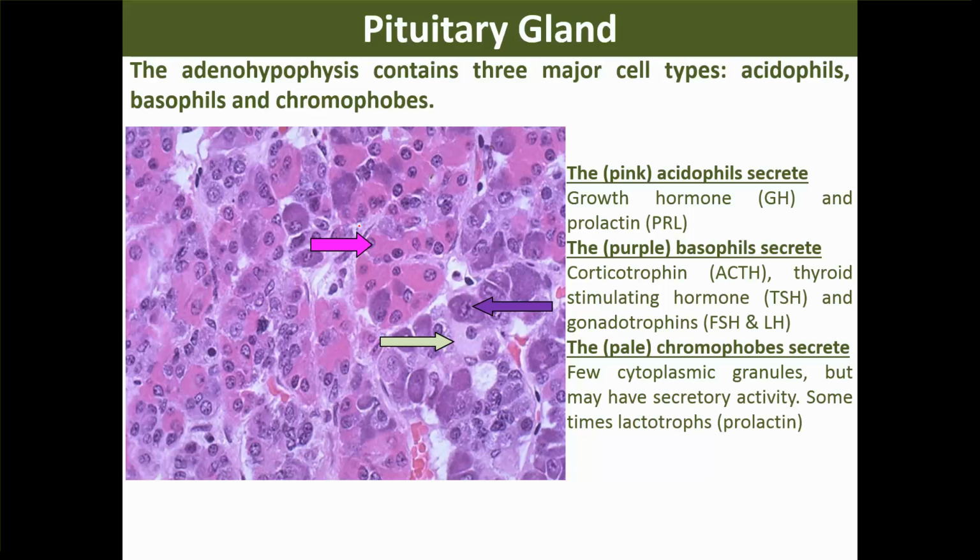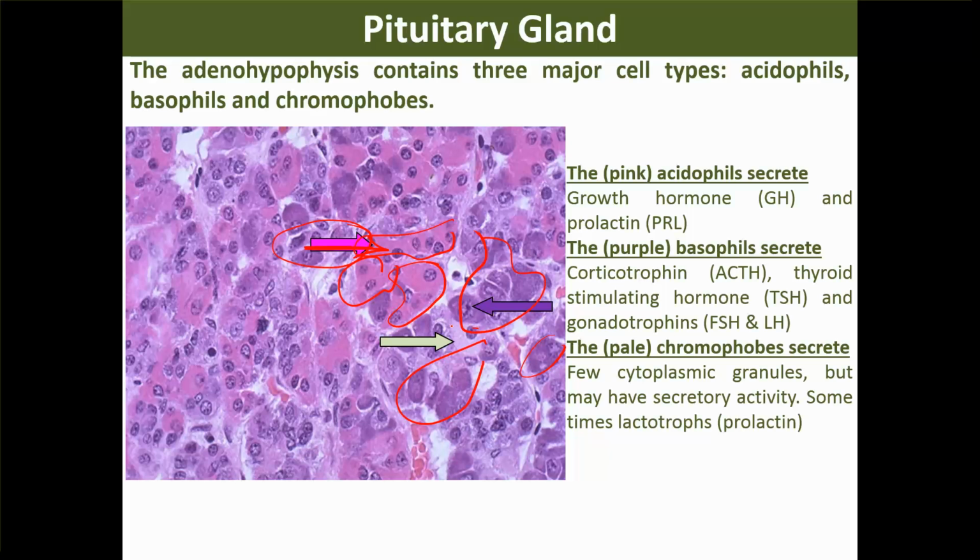So just to show you guys the three different types of cells, you can see pink color cells, which is otherwise called acidophilic cells, and you can also see blue color or purple color cells, which is called basophilic cells.